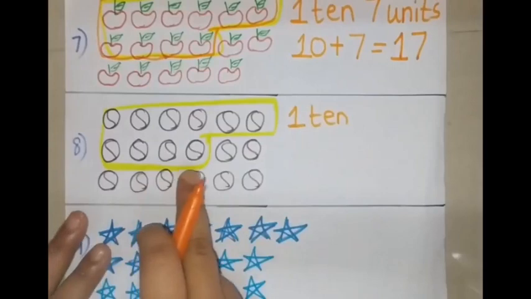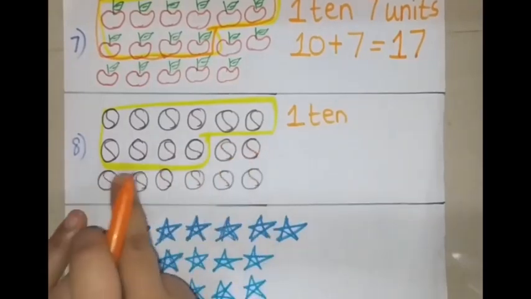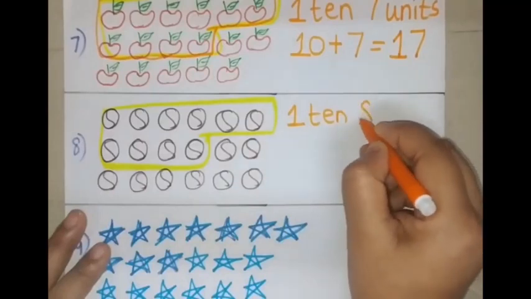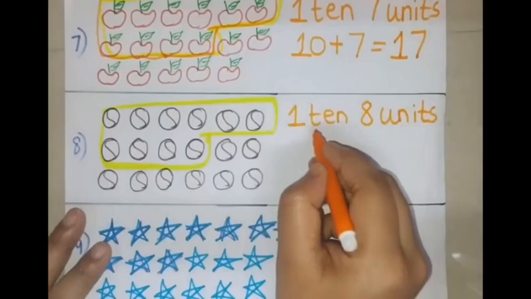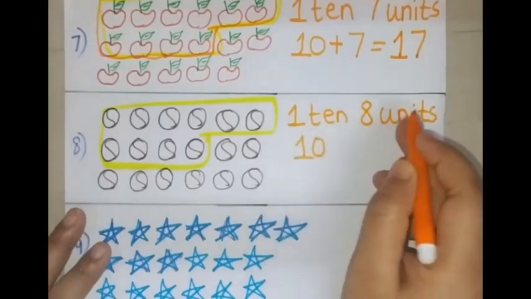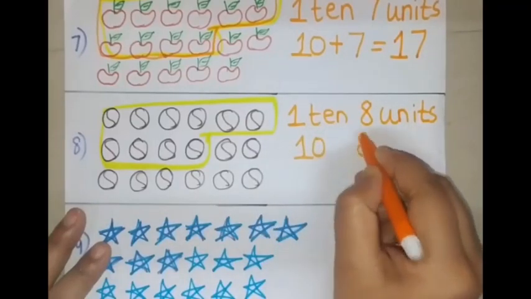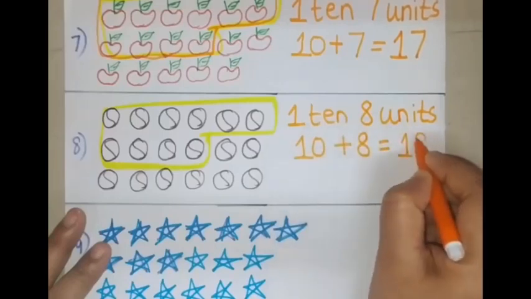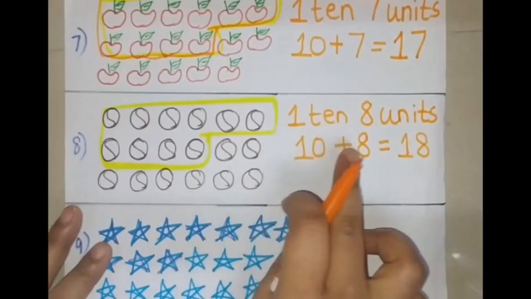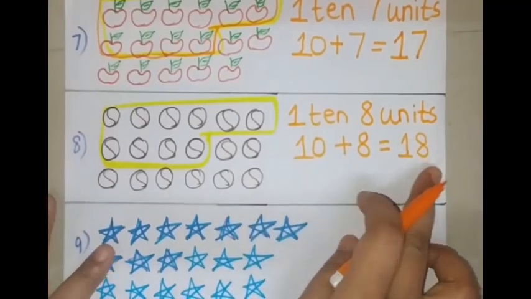Now the remaining balls, let's count them. 1, 2, 3, 4, 5, 6, 7, 8. So we'll write them as 8 units. So 1 ten means 10 and 8 units means 8. So 10 plus 8 is equal to 18. So 10 and 8 make 18.